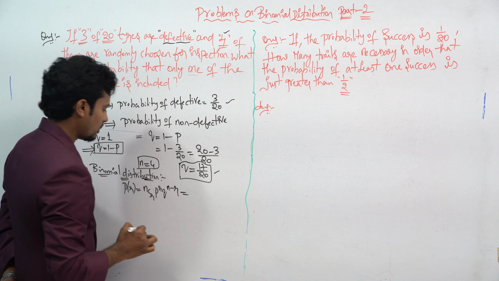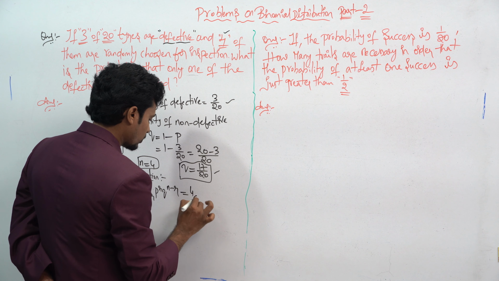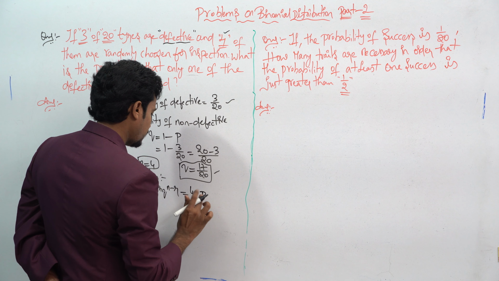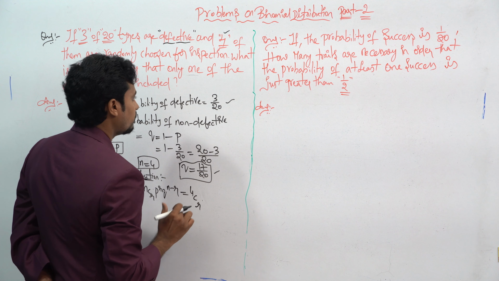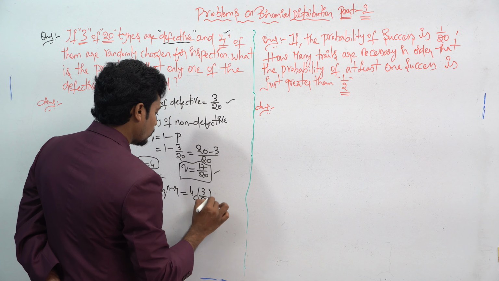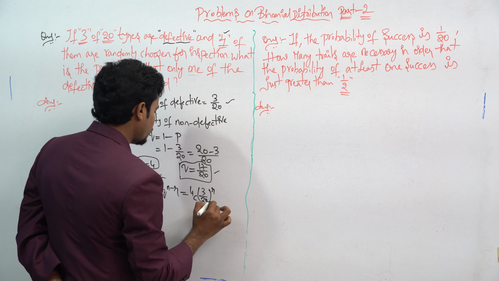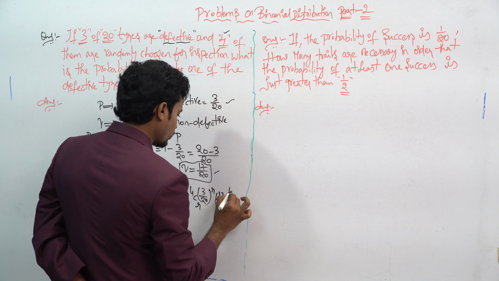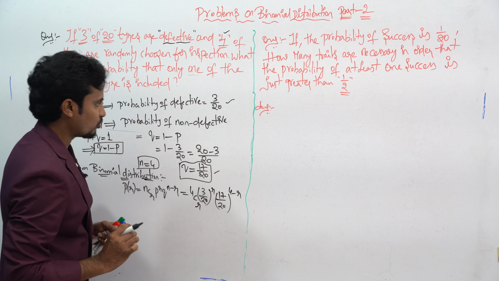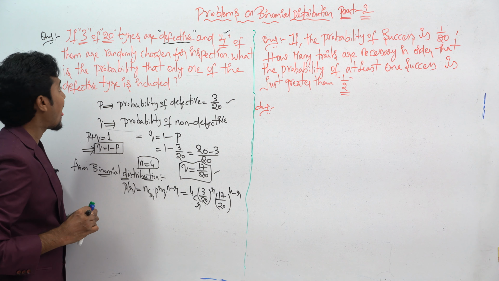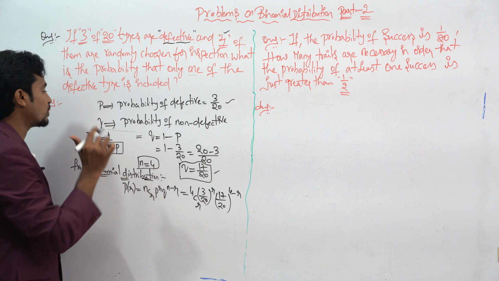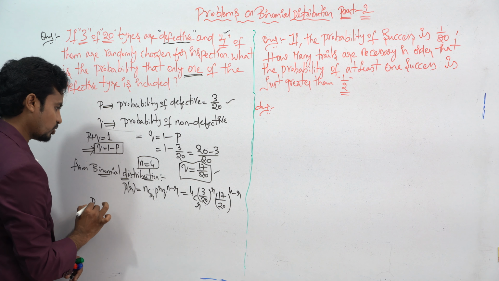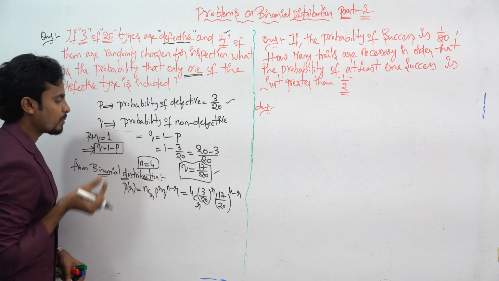So n is 4, so 4C R, P is 3 by 20 whole to the power of R, into Q, which is 17 divided by 20 whole to the power of 4 minus R. Our target is to find R. Only one of the defective tires is included, so we directly substitute R as 1.